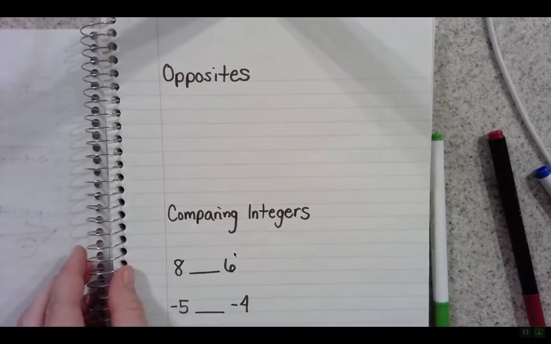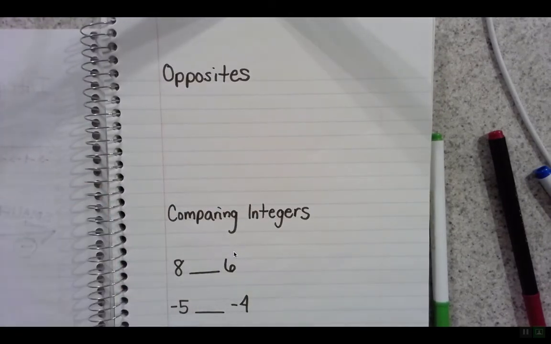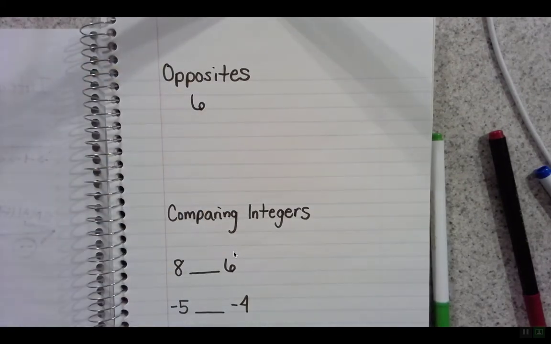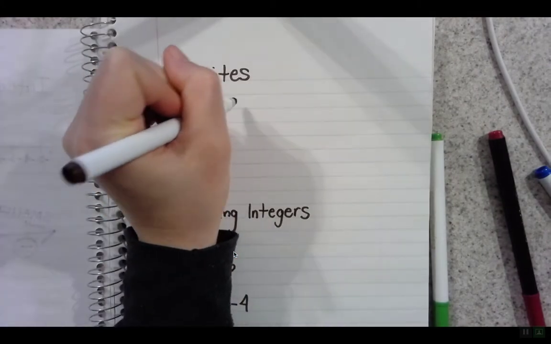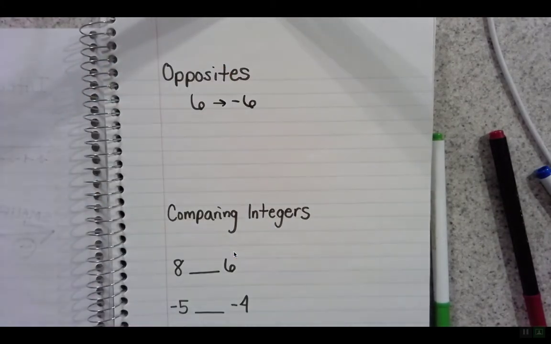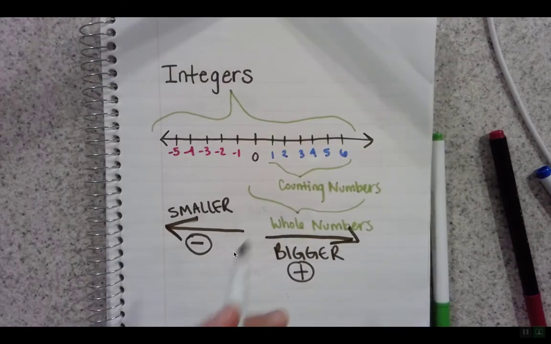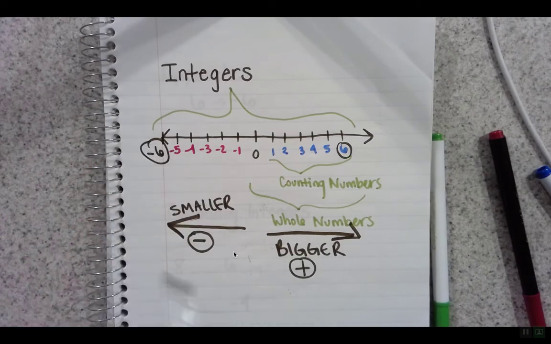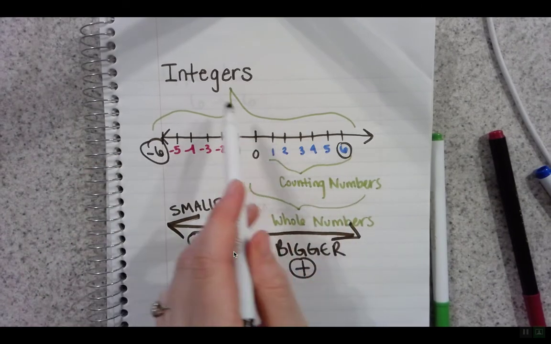Okay, so let's talk opposites. The opposite of white is black. The opposite of tall is short. Numbers also have opposites, and I bet you can guess, what do you think the opposite of 6 is? The opposite of 6 is negative 6. Because on the number line, positive 6 and down here would be negative 6 are opposite sides from 0.